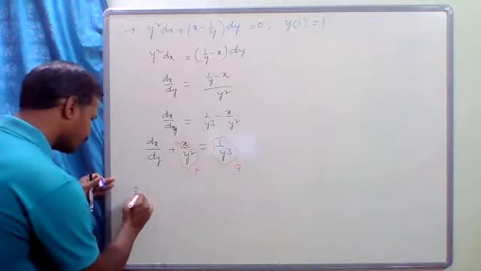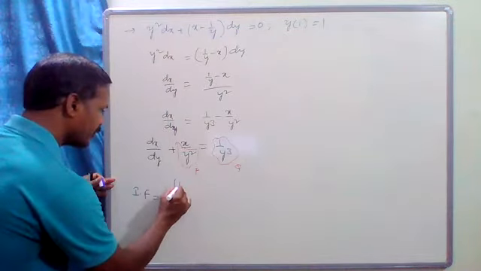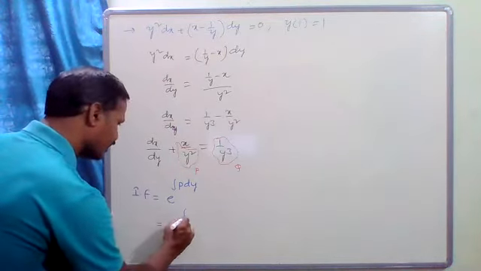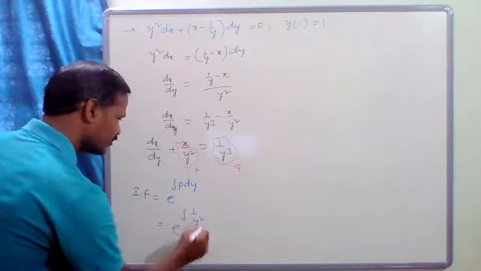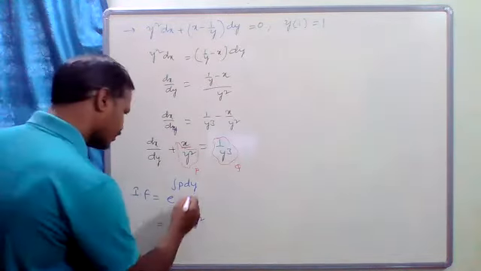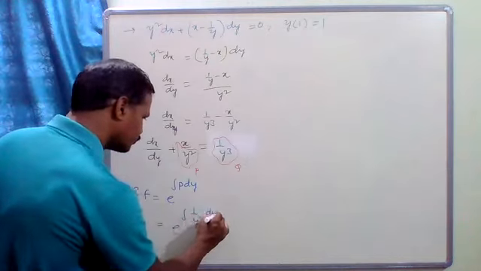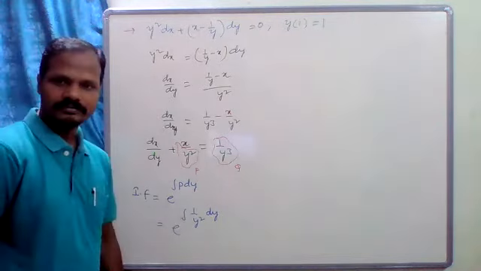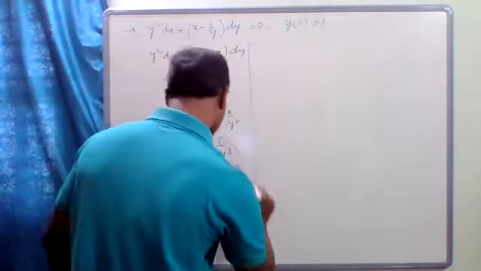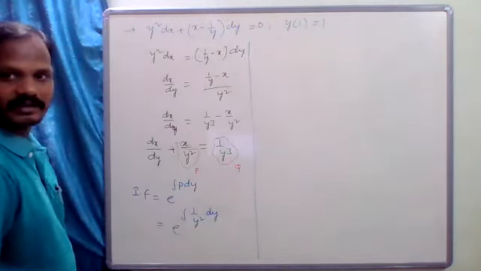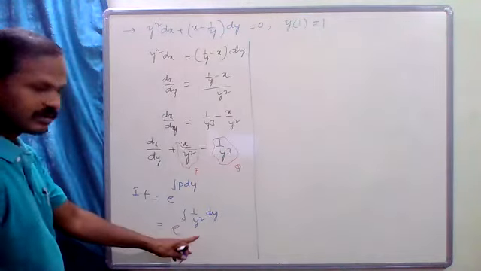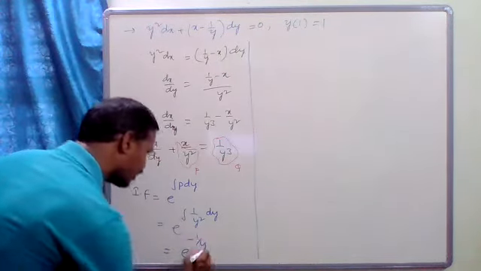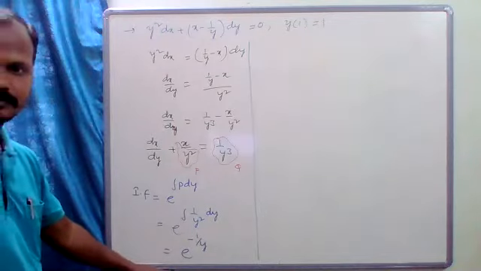If equal to e power integral p dy, so this is equal to e power integral 1 by y square dy. Integral of 1 by y square is minus 1 by y. So this is equal to e power minus 1 by y. So this is if.